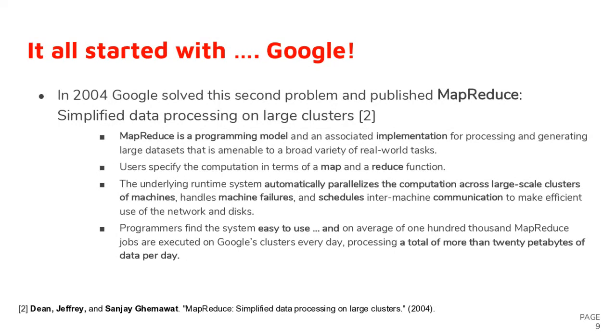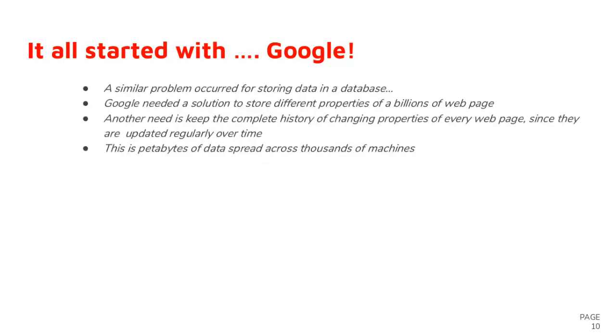And I think with a normal computer, you may have, I don't know, 500 gigabytes of storage these days. So if you're talking about 20 petabytes, you need at least hundreds of computers. So that was a second problem they solved.